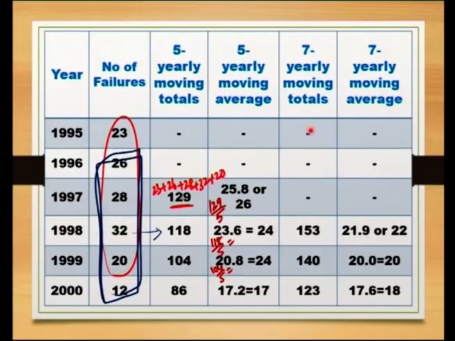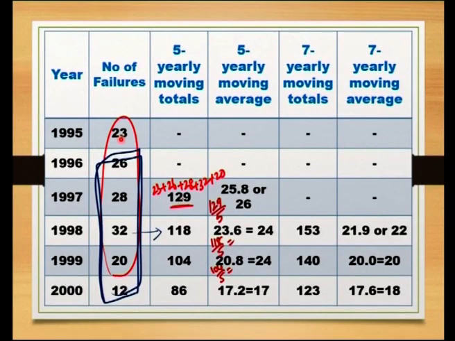Next, 7-yearly moving totals. The 7-yearly moving total is the total of 7 values. What are the first 7 values? 153 is obtained by adding the first 7 values, and it is written in the middle of the first 7 values.